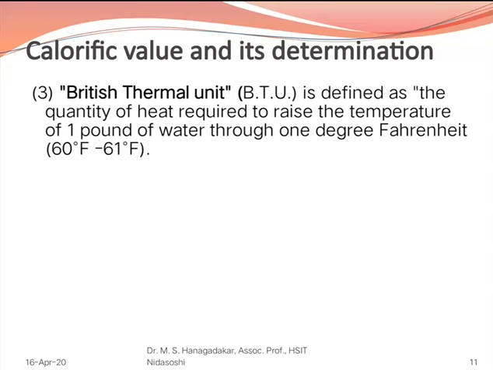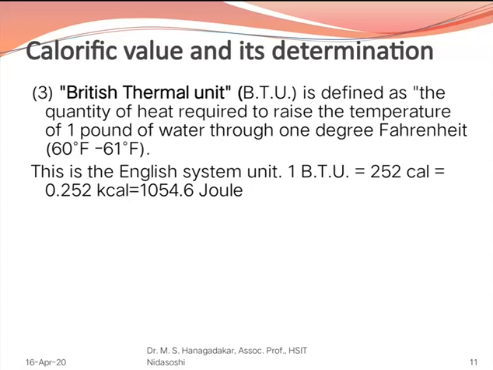If you want to increase the temperature from 60 Fahrenheit to 61 Fahrenheit, the heat required for 1 pound of water is expressed in British thermal units. This is used in the English system. So 1 BTU is equal to 252 calories, that is equal to 0.252 kilocalories, or equal to 1054.6 joules.